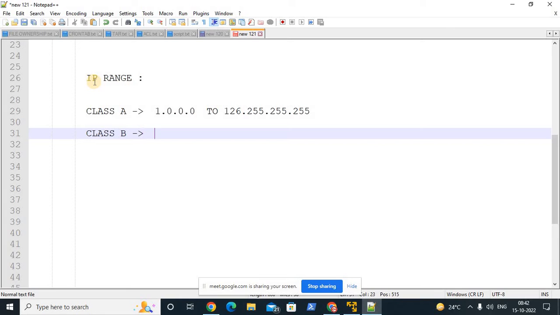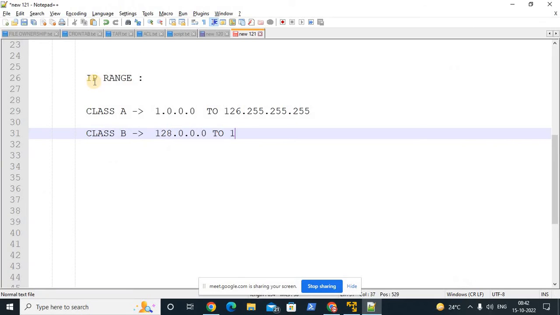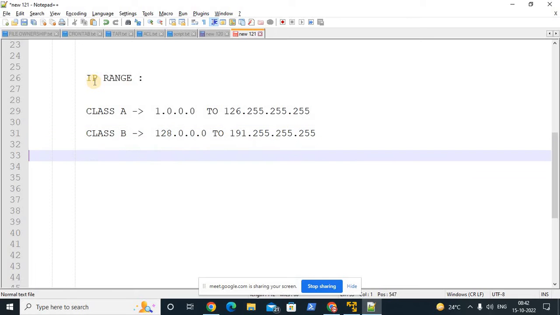We are just writing the range, and just discussing only 3 ranges.